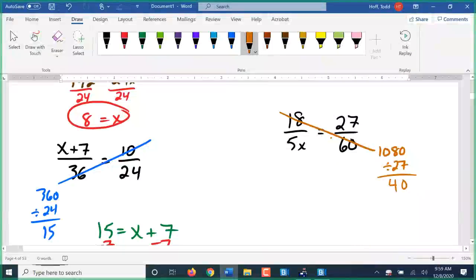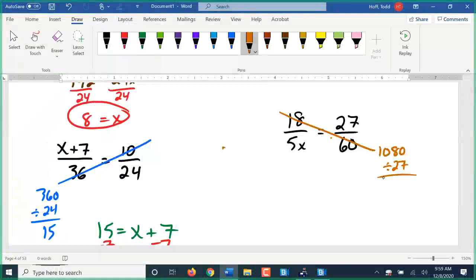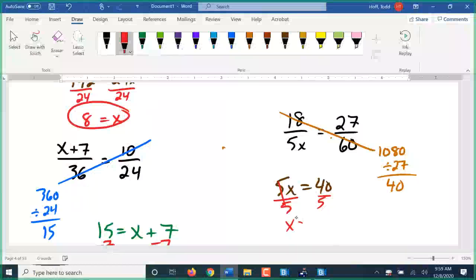Oh, no, it's not. Is it? It is 40. Okay, so we get 40. But remember, it's not x equals 40, it's 5x equals 40. And we would have had to divide by 5, get x equals 8.